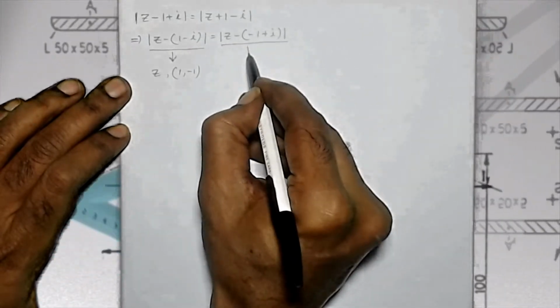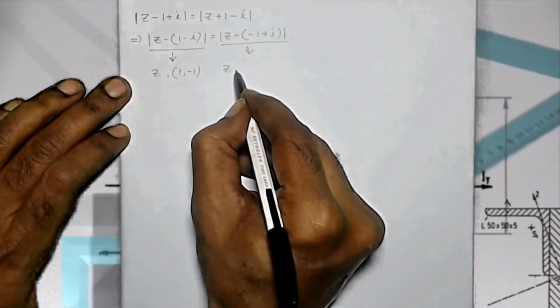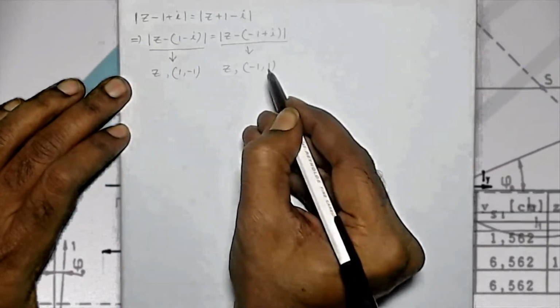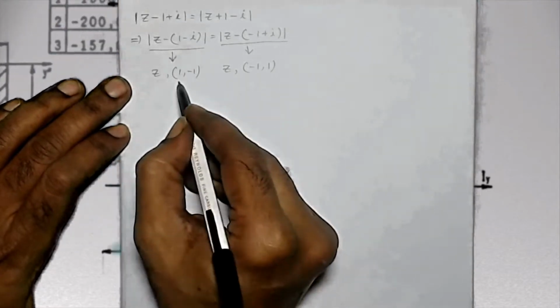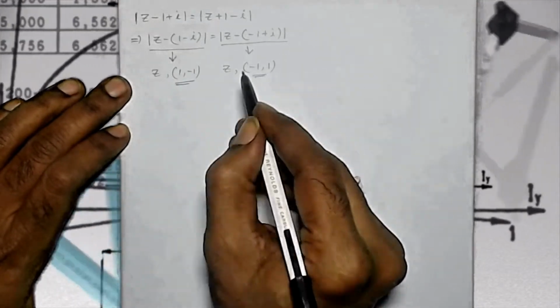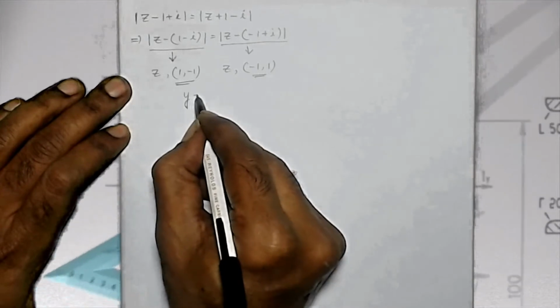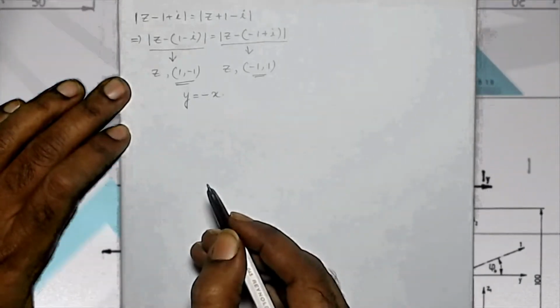And this indicates the distance between the variable point z and the point minus 1 comma 1. Is it clear? Now the line which contains these 2 points, just by inspection you can say the equation will be y equals to minus x.